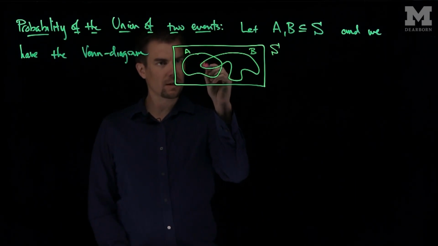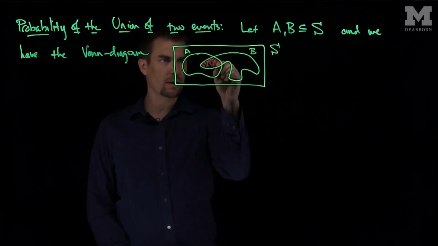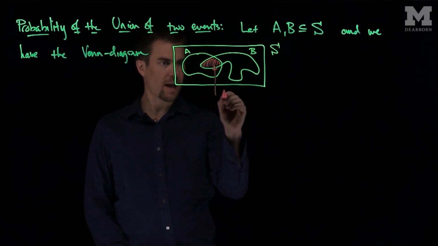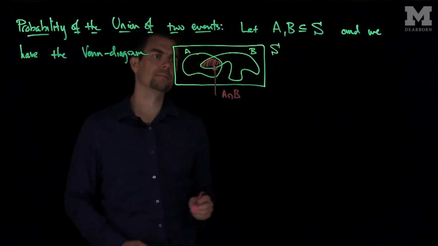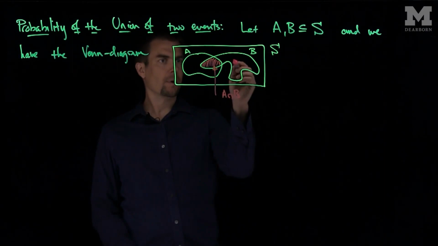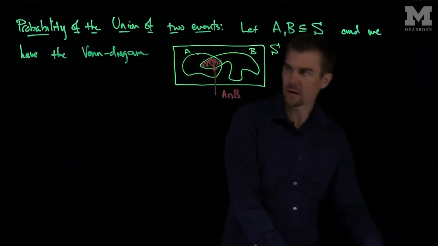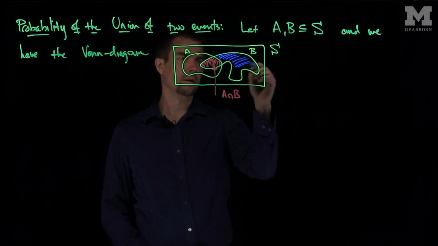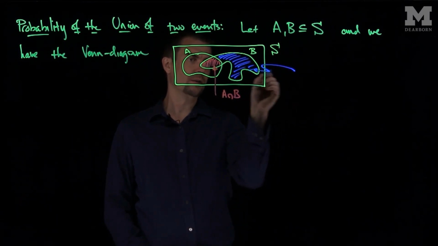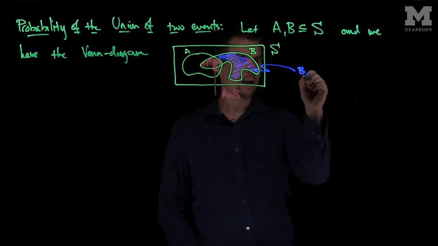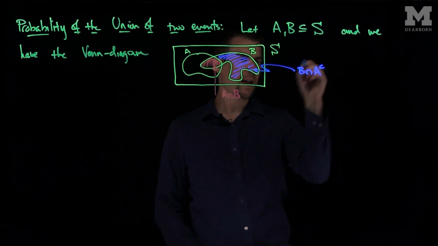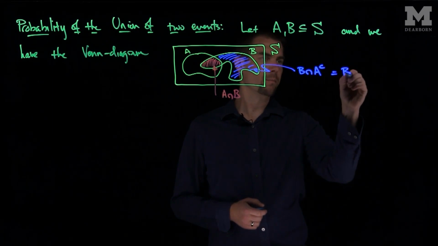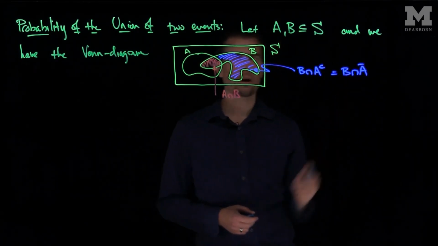So this little area in between there is going to be the set A and B. This part of the set over here, that's not in the pink region, that blue set, is going to be B and not A, or A complement, or we can use the bar notation, B and A bar.